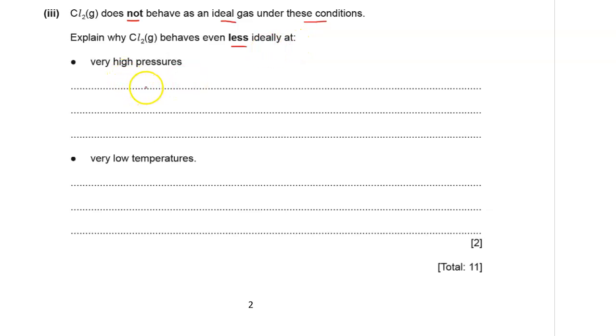Now, at high pressure, the molecules are squashed together, so they are close together. So there are van der Waals forces of attraction between the molecules. In an ideal gas, there is no attractive force. The attractive force between molecules is negligible, it is 0. So at high pressure, the molecules are close together.